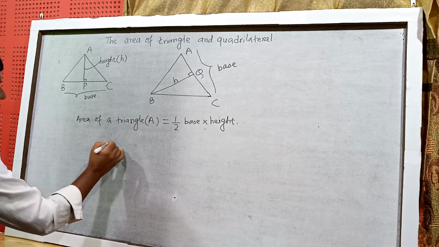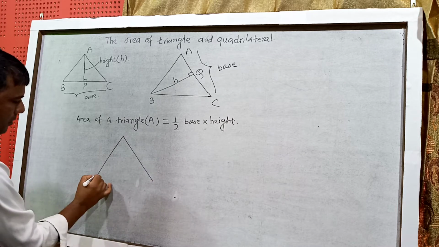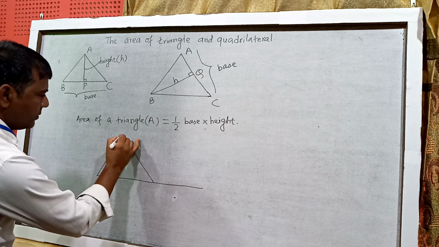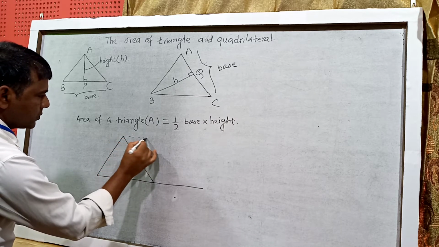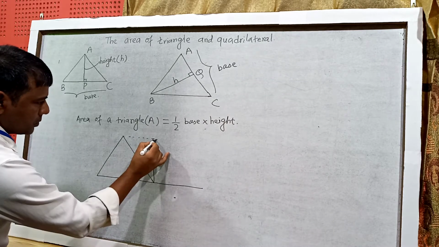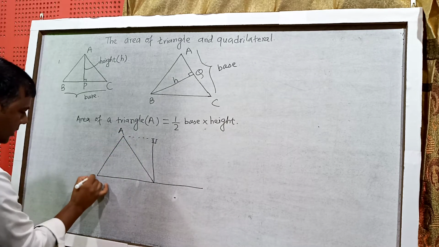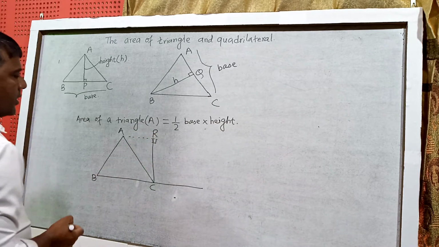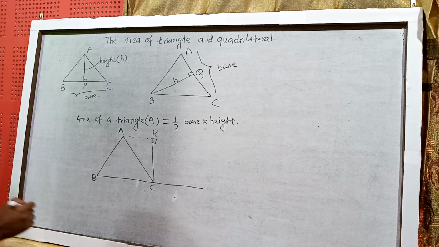In some figures, the perpendicular is given like this. ABC is a triangle and CR is perpendicular to this line AR.